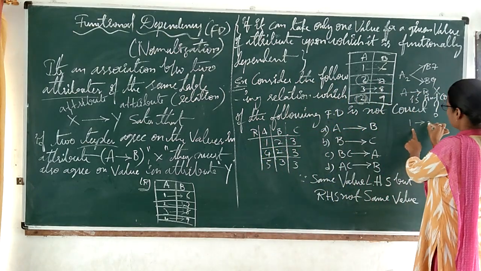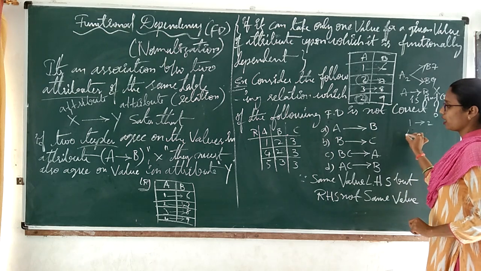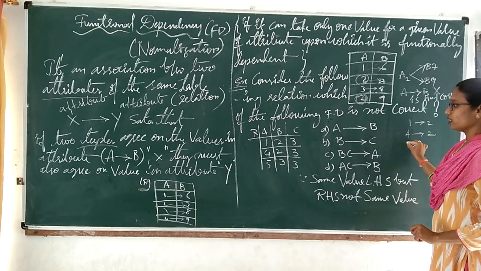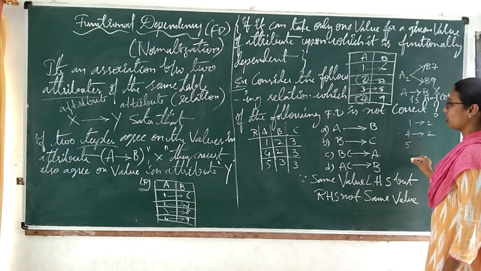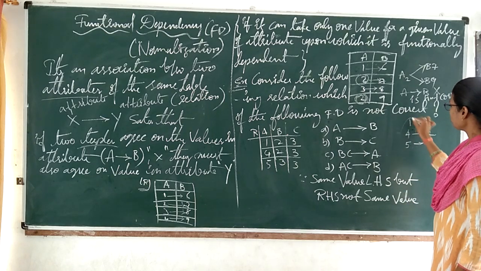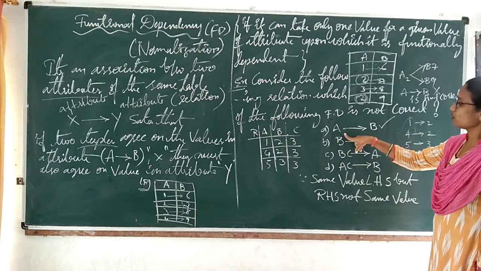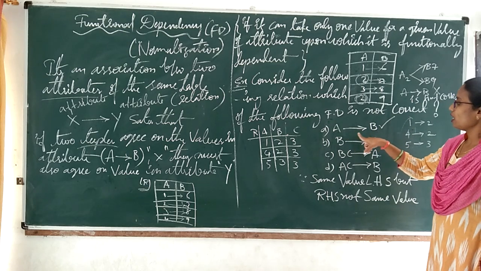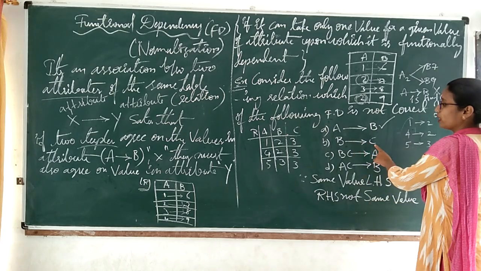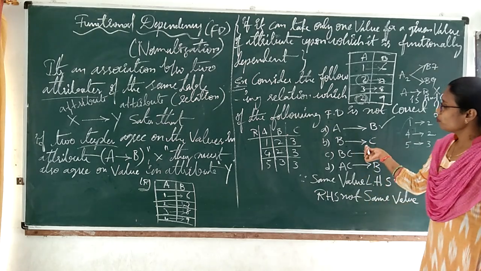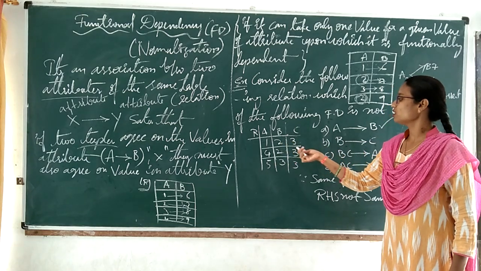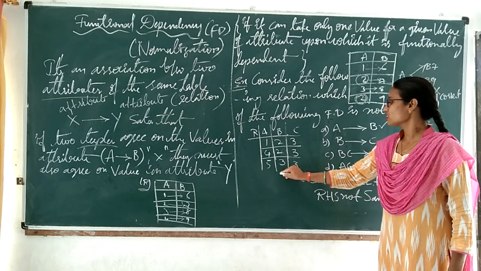1 determines 2, 4 determines 2, and 5 determines 3. Here the values are not repeating. Now this first one, A determines B, is a functional dependency, true. Next, B determines C: 2 determines 3, 2 determines 3, and 3 determines 3.